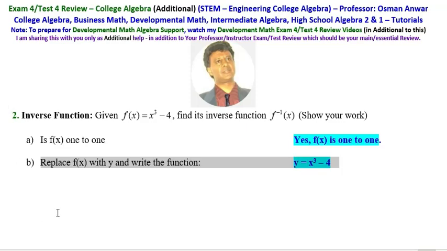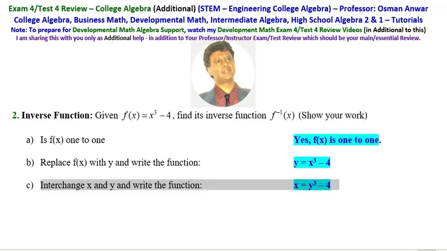B, then we have to follow the 4-step process from f of x to f inverse of x. The first step is to replace f of x with y and write the function. That is, y equals x cubed minus 4. Then the next step, C, is to interchange x and y and write the function. That is, x equals y cubed minus 4.